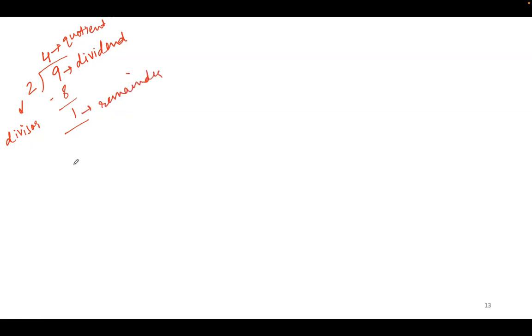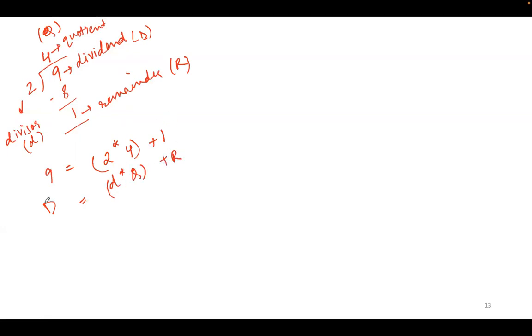Now, the main thing is that 9 is equal to 2 multiplied by 4 plus 1. If I call the dividend D, the divisor d, the quotient Q, and the remainder R, then dividend is equal to divisor multiplied by quotient plus remainder. This always holds true.